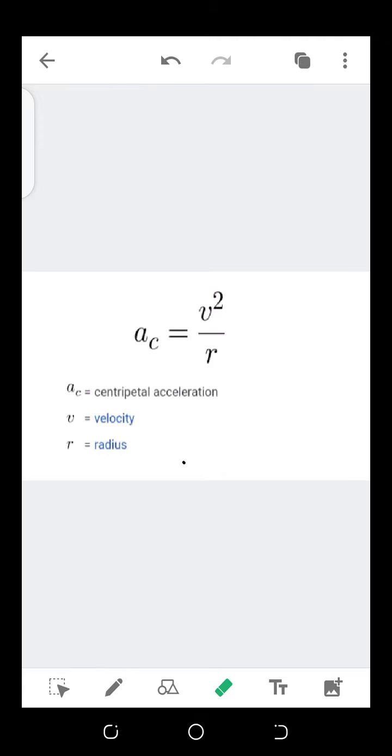So our v is our linear velocity. You square it, you divide it by the radius. The radius you'll be given, or you can calculate using the relation from omega, that is v over r. You can also find it given the velocity and centripetal acceleration.